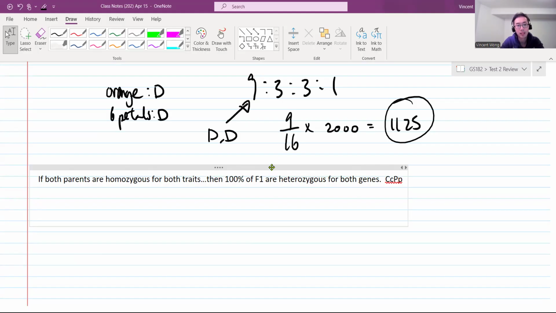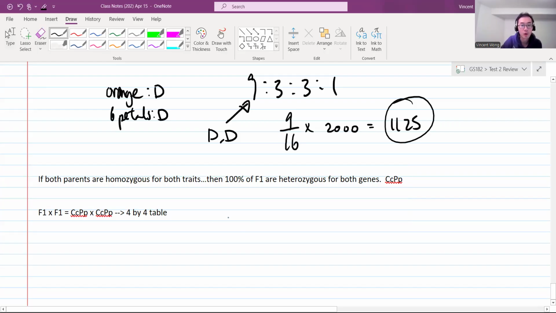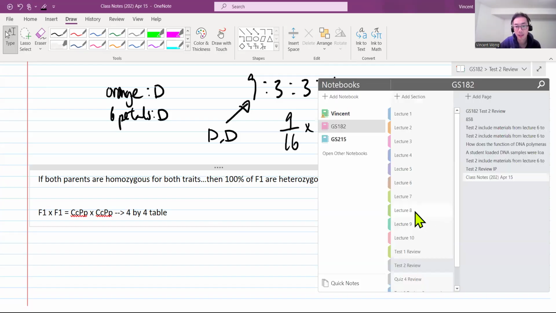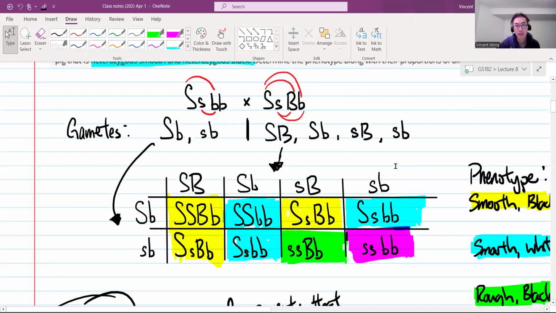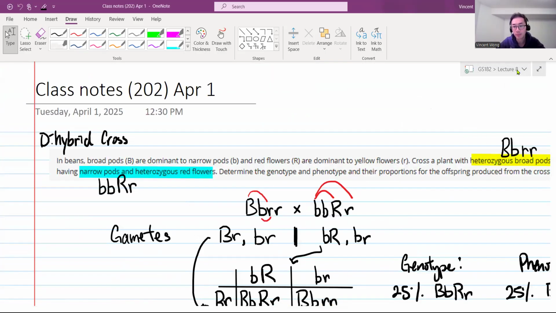So basically, if you go F1 cross F1, it's gonna give you a 4x4 table, right? Whenever you do the 4x4 table, the ratio is always going to be 9-3-3-1, like this, right here.